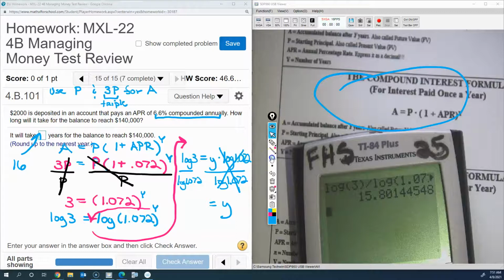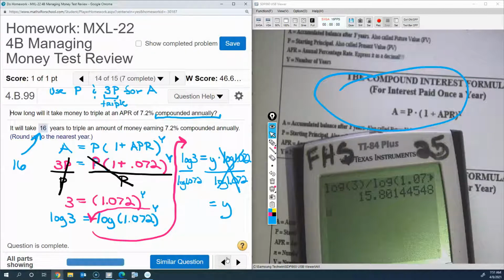All right, and the last one is just like this one, except you know how much money you're starting with. For the second part, is the log 1.079, right? 173 for, or the last problem, I think, unless I typed it in wrong, it was supposed to be 1.072. Oh, yeah, right. Yep.